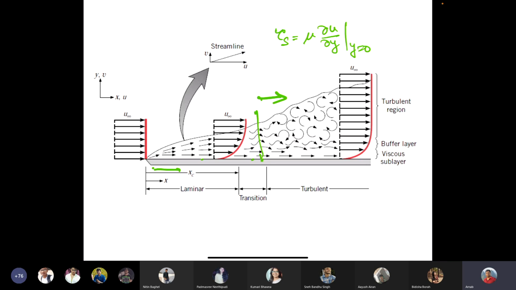It's a fluid property called the dynamic viscosity. Fine. Now, say this local surface shear stress actually decreases as you increase x, as you go in the direction of x.